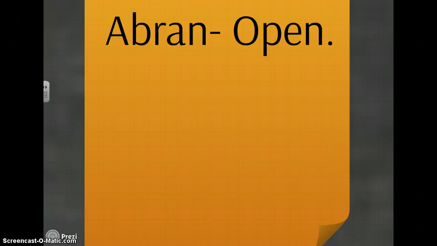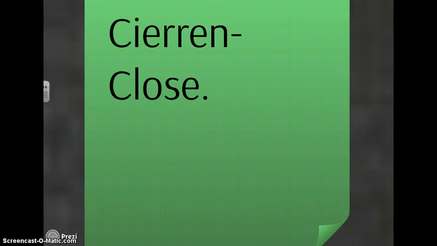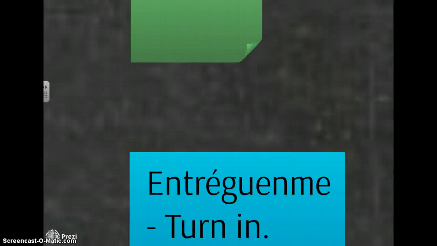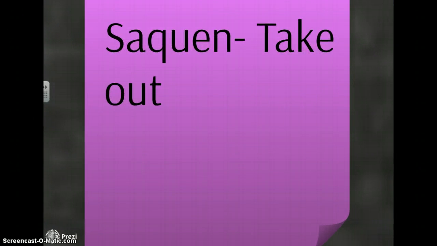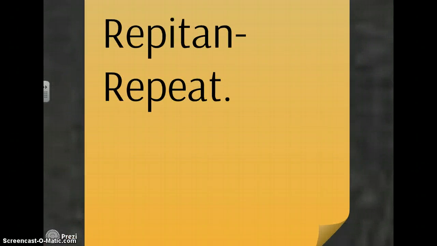Abran means open. Cierren means close. Entréguenme means turn in. Saquen means take out. Repitan means repeat.